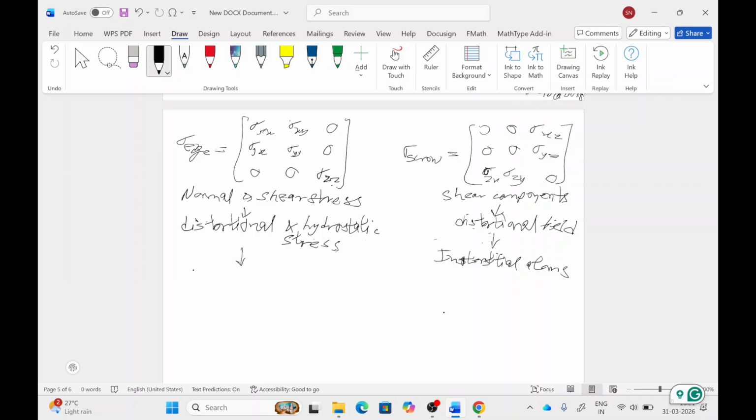That's why the substitutional atom interacts with only the edge dislocation. And for the distortional field, interstitial atoms can hear also distortion, and for the screw dislocation also the distortional field will work. So this is for the interstitial atoms with edge and screw dislocations.